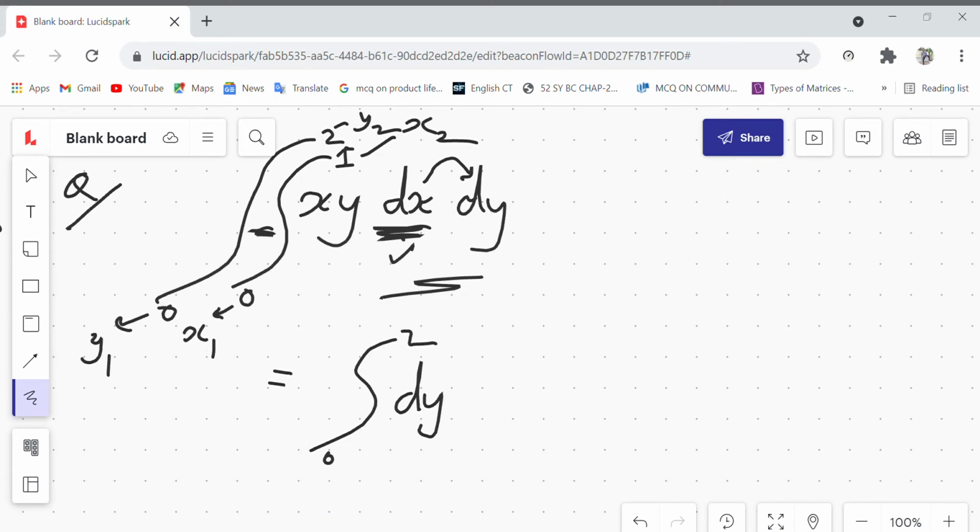So dy will come here and it came. Then integration of 0 to 1 xy dx. So can you tell me what is the integration of xy dx? If you can tell me, write it in the comment section.